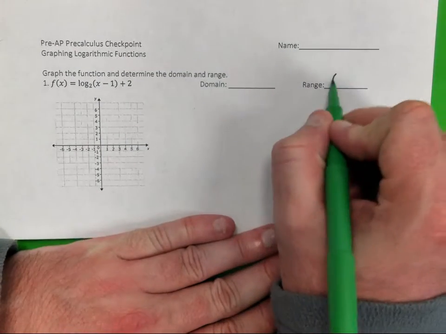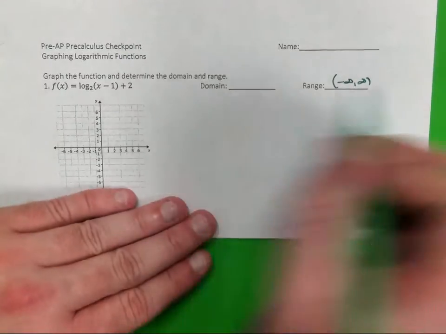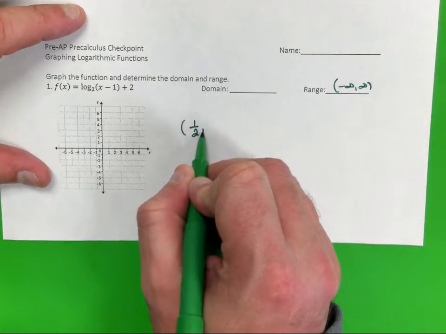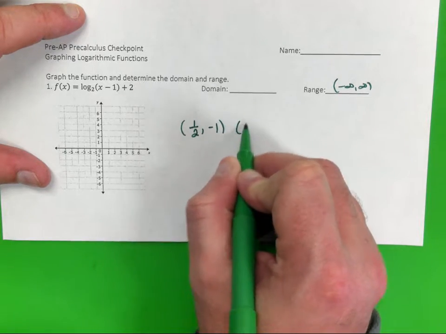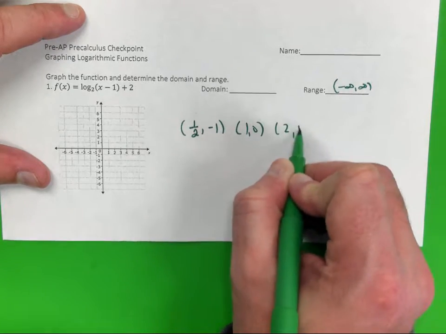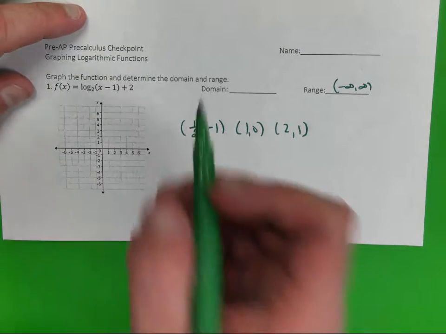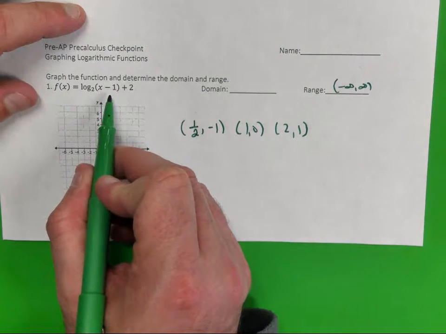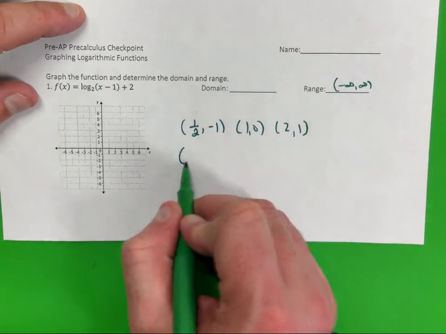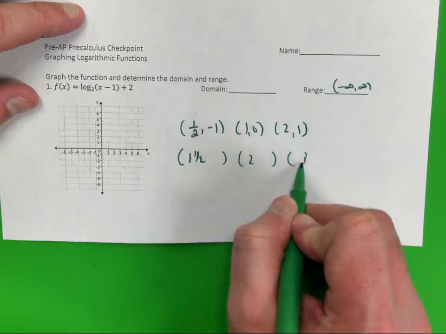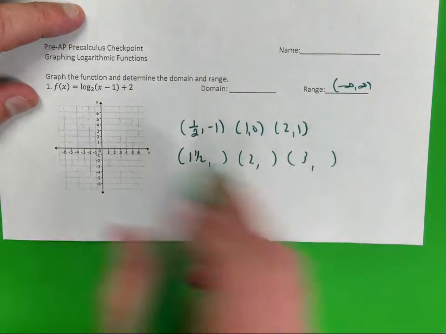Your range is always what? What would be my original points here? 1/2. Okay. Does everybody understand that? What does this -1 mean? I'm going to add 1 to each of my x's. What does this +2 mean?